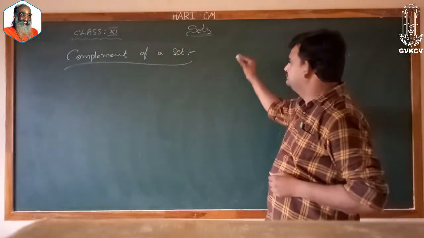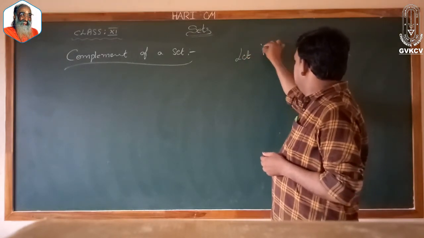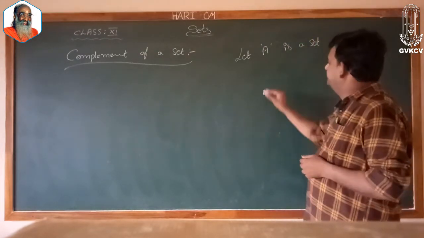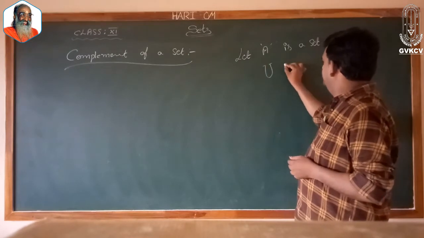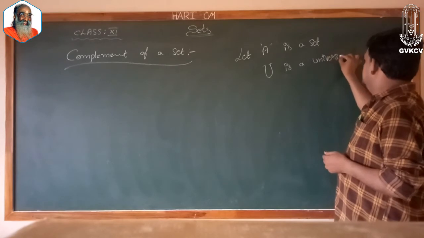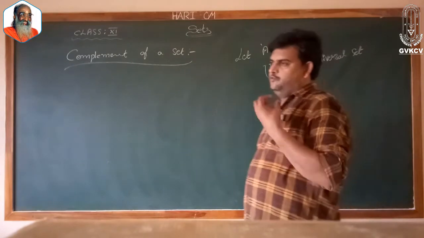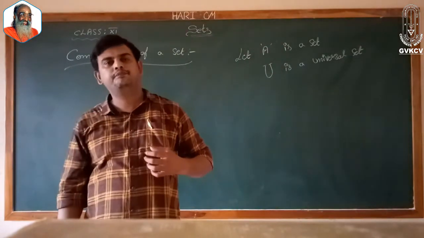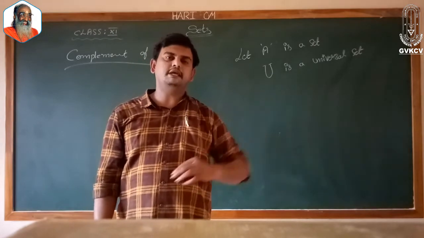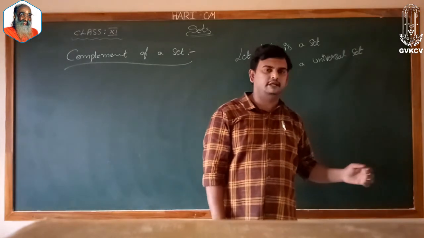For example, let A be a set, and U be the universal set. Now, from the universal set, we eliminate set A. For example, our school is the universal set.